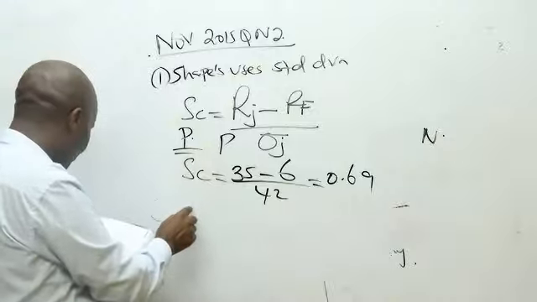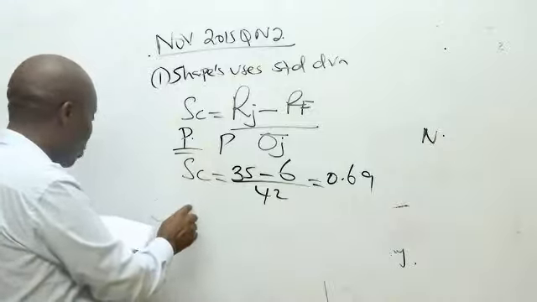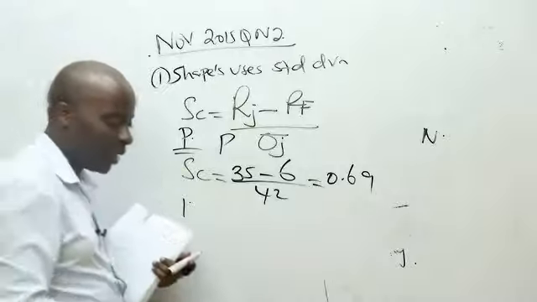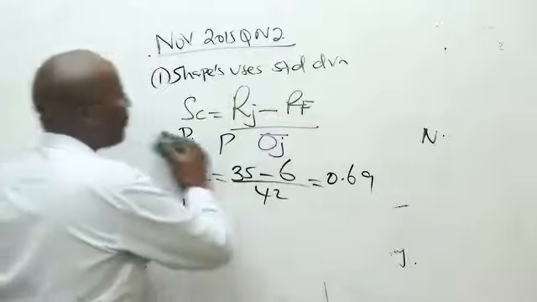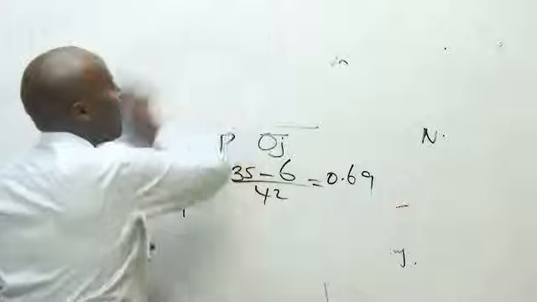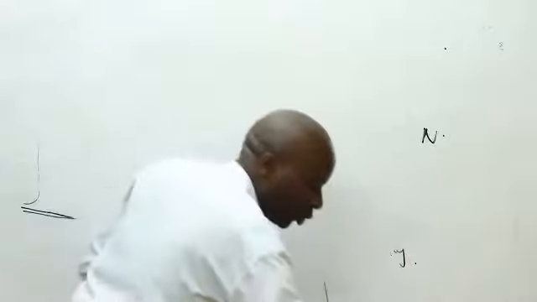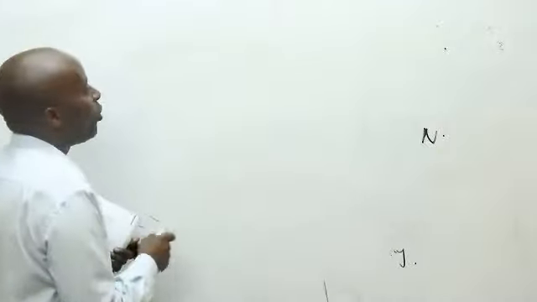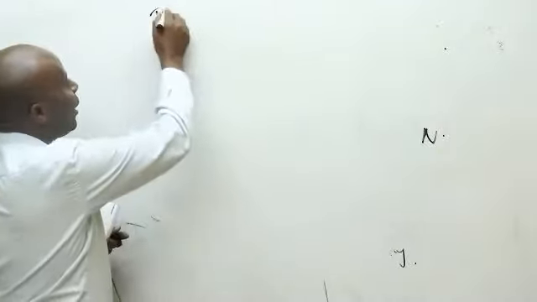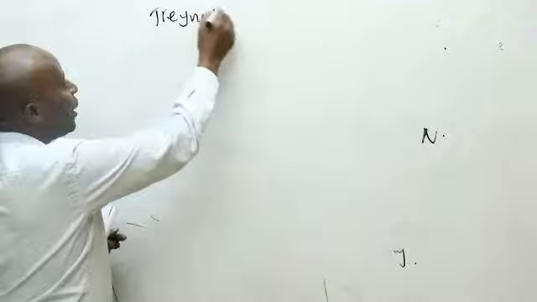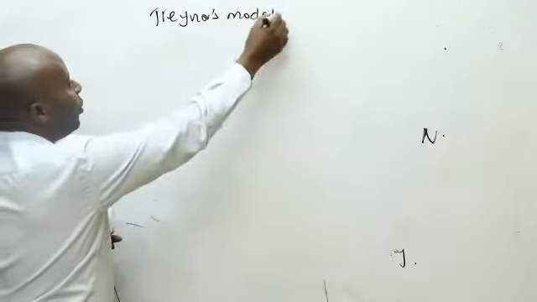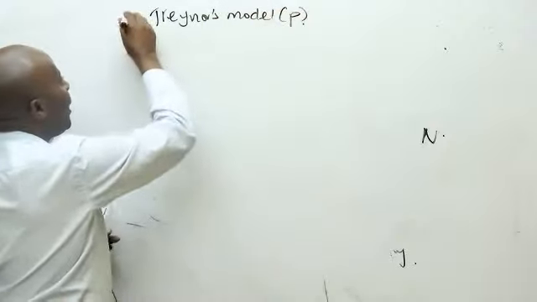How about in this case, Treynor's for P? What do we have there for Treynor's for P? What I need to know is that Treynor's makes use of your beta. So Treynor's model, that's number 2, for security P again.